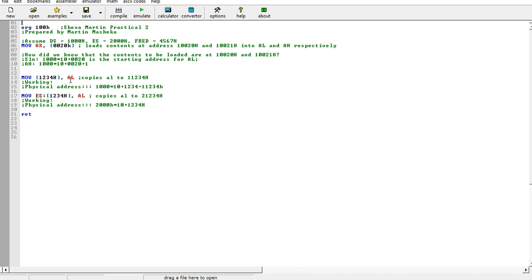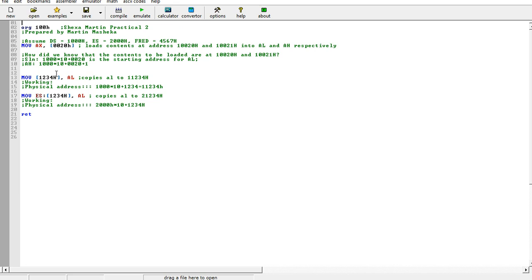Right, the value of AL is going to be loaded into that memory location like we did in the first example. And the value at AL is going to be loaded to 1234 offset of extra segment as specified by that instruction.